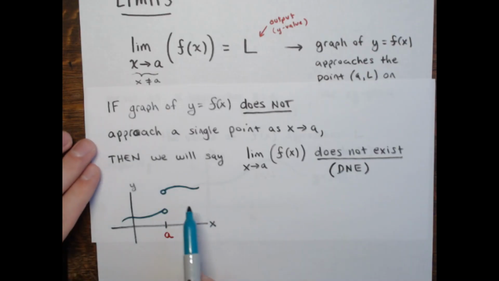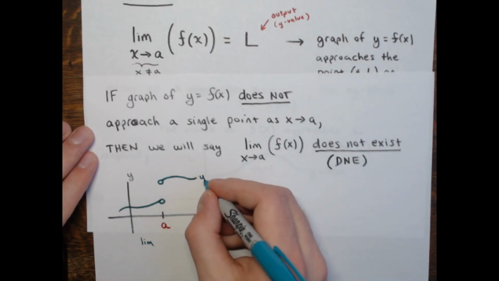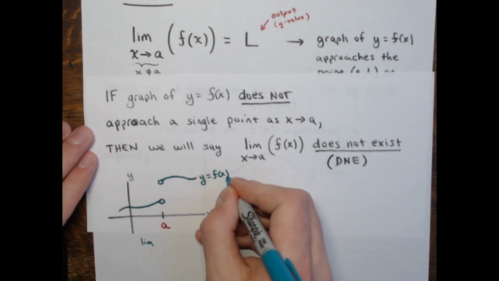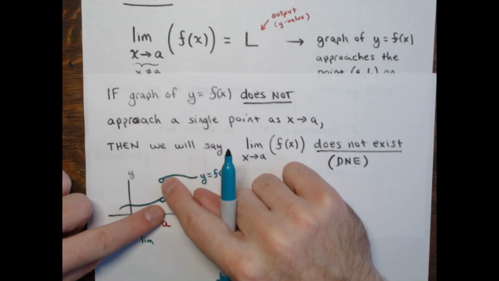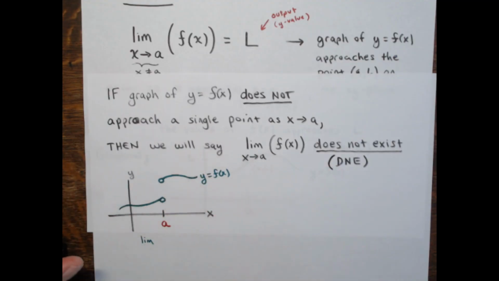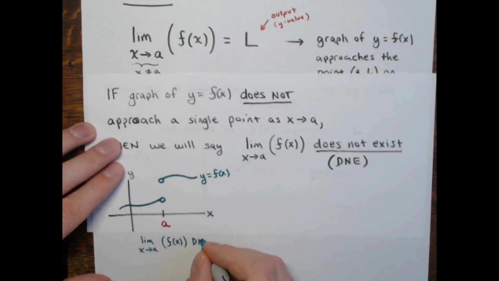Right. So in this case, here's the graph of y equals some function of x. Again, not approaching the same location on both sides. So we would say that this limit as x approaches a of our function does not exist.